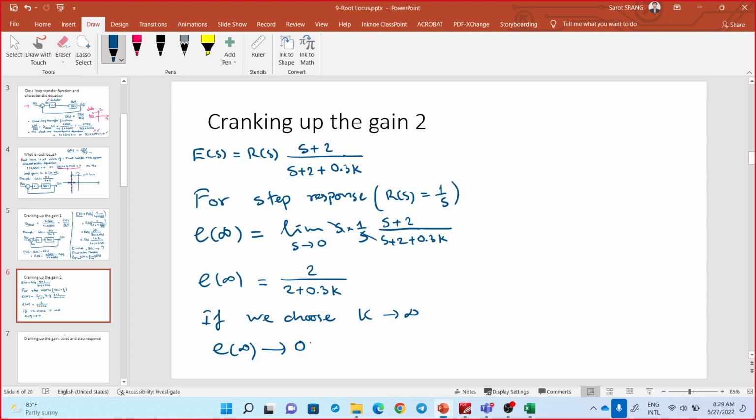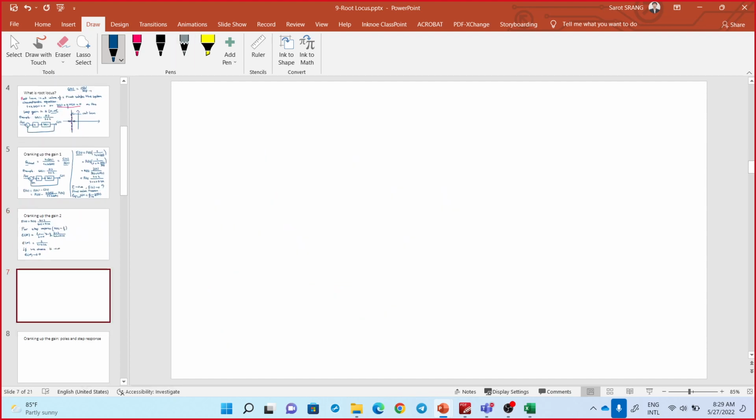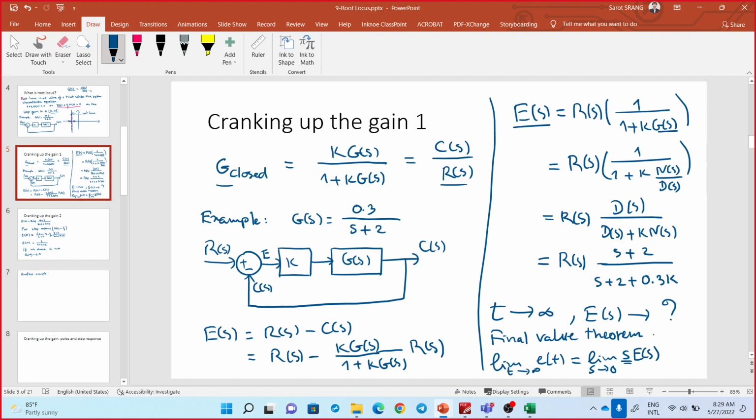Okay, so next example, let me show another example. The previous example is much like a model of a DC motor, a velocity model. I can say this is first order, so this is like a velocity model.